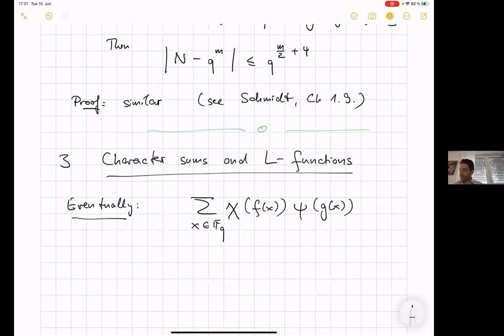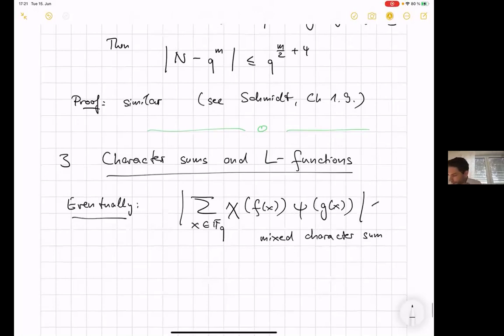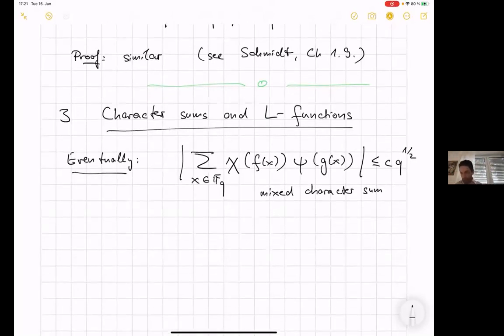This is a mixed character sum, with an additive and a multiplicative character. If you're only interested in multiplicative characters or only in additive characters, then you can just drop either chi or psi. But in the most general case, you have a mixed character sum. And the hope would be that under suitable conditions, this is bounded by some constant times the square root of q. That's the ultimate goal.